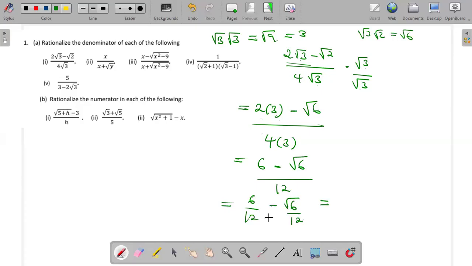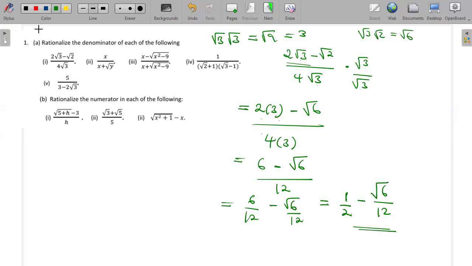And this gives us this side to be half, since 6 into 6 is 1, then 6 into 12 is 2. So like this, minus the square root of 6 over 12. Okay, so like that, you have rationalized. So that's how you rationalize. Okay, is there any question?